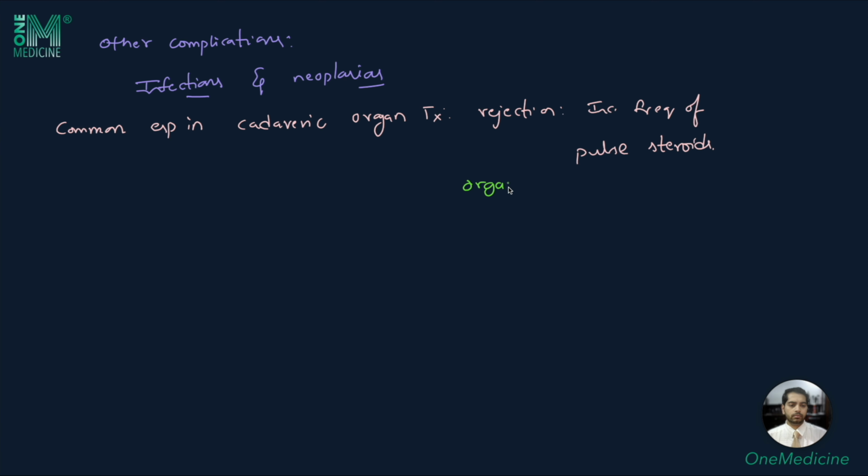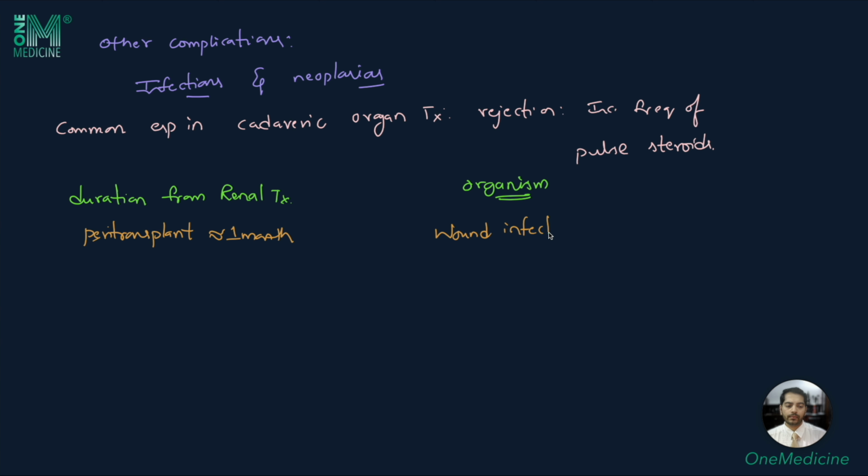The organisms implicated in the development of infection depend upon the duration from renal transplantation. During the peri-transplantation period, that is approximately 1 month, wound infections are very common. Even herpes virus or oral candidiasis is common. Patients can also have urinary tract infections.